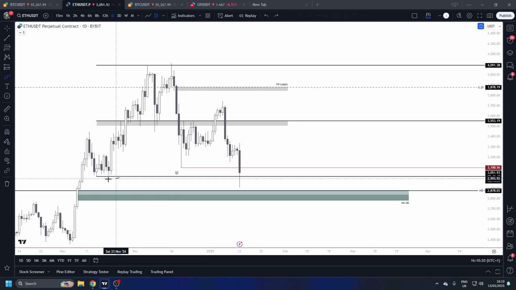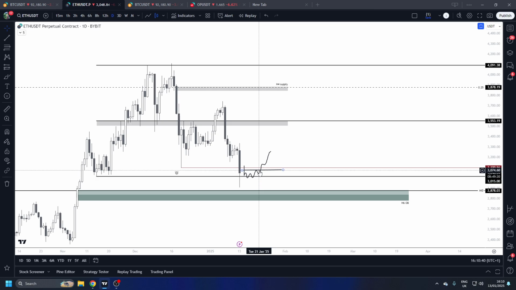We swept this liquidity and this liquidity, which is beautiful. Now we want to see price hold range low, and we'll see if we can get an entry trigger somewhere in here, and we put our stops below this low or maybe below half of the wick. But yeah, I would go for this low.